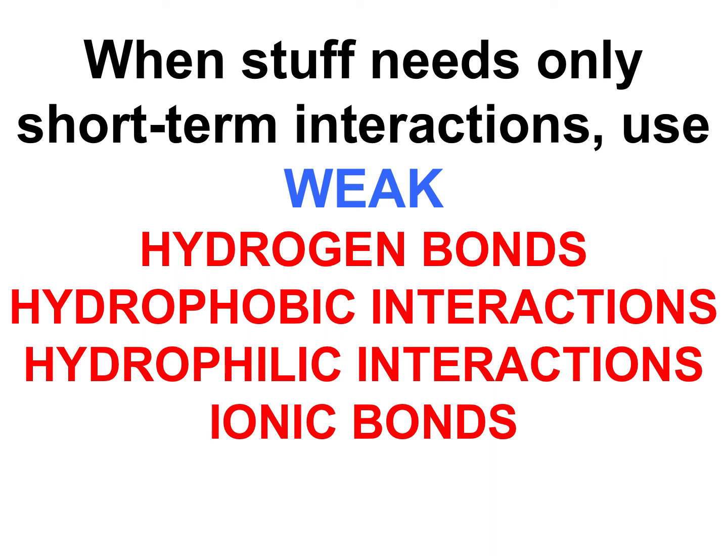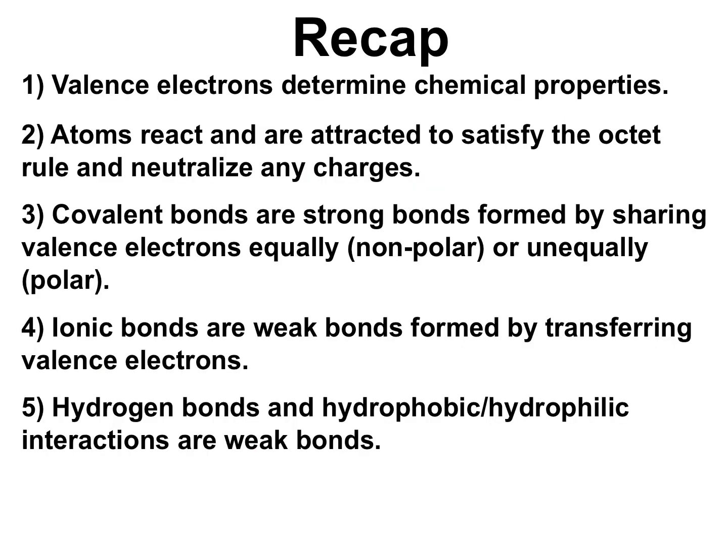So when biological systems only need molecules to stay together for a bit or very weakly, living things use these types of bonds. So that's it. That's our whirlwind tour of chemical bonding. I want you to remember that chemical bonding properties are largely determined by the number of valence electrons that an atom has.